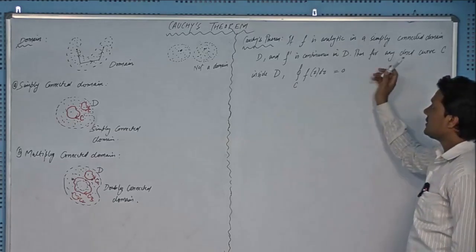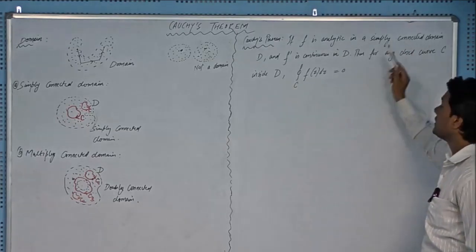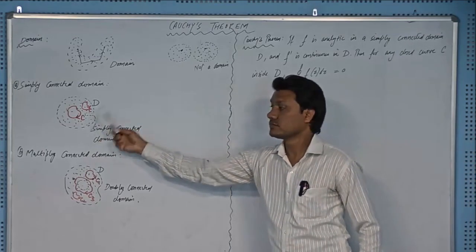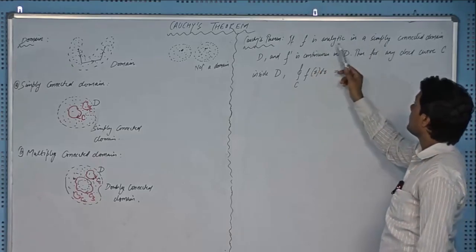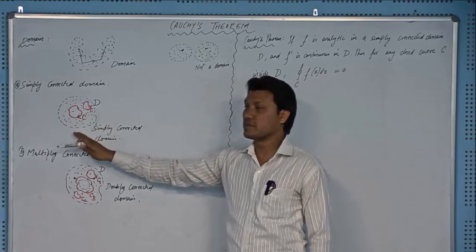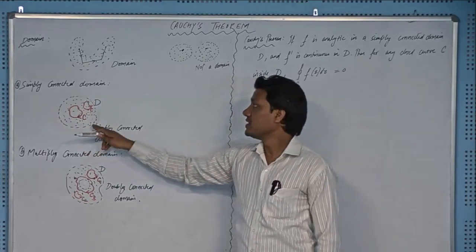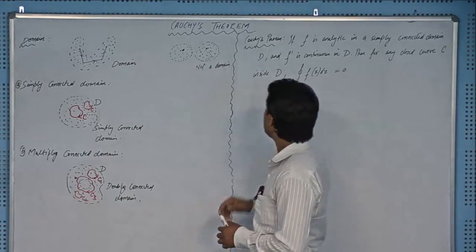Means first thing is that you need a domain D, right, and that should be a simply connected domain D like this one, right? Okay. And there is a curve C, closed curve C, lying within that domain D like this picture, right?